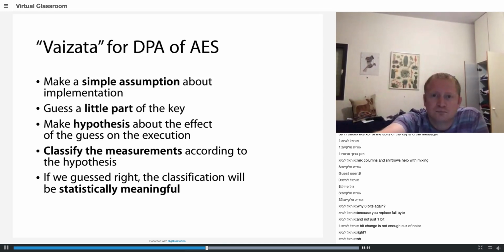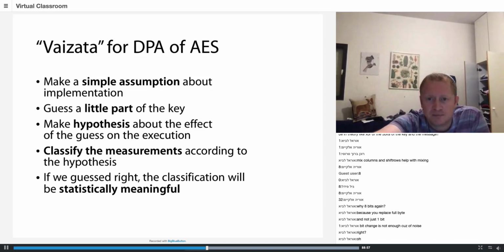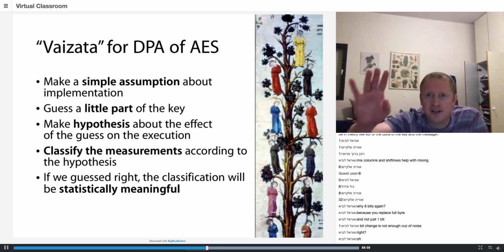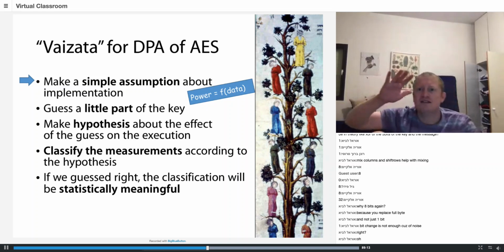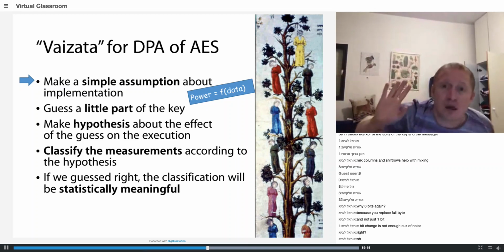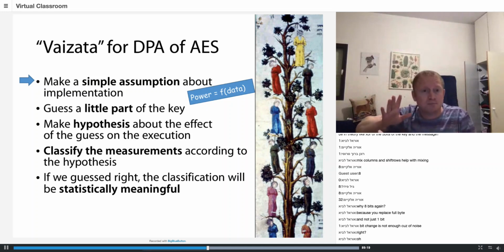So here is the algorithm for DPA of AES. The first thing I need to do is make a simple assumption about the implementation. And I'm going to make the simplest possible assumption that you can make about a device. That is this: the power consumption is a function of the data.